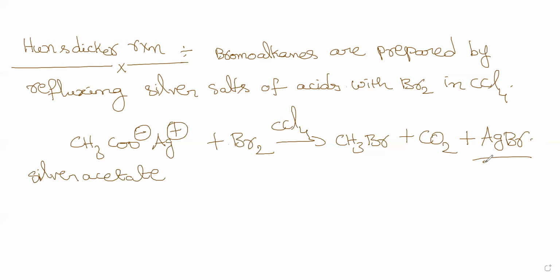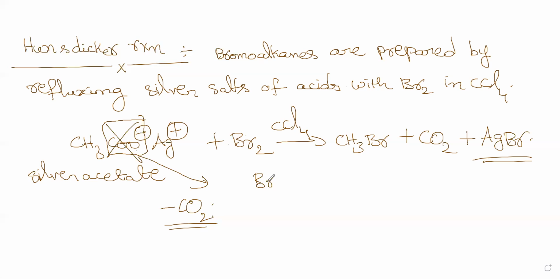How do we remember this? Very simple. You see this COO is there, this group will go off during this reaction. Minus COO means you write it as CO2. And then Ag plus Br2 is there, AgBr, CH3Br.